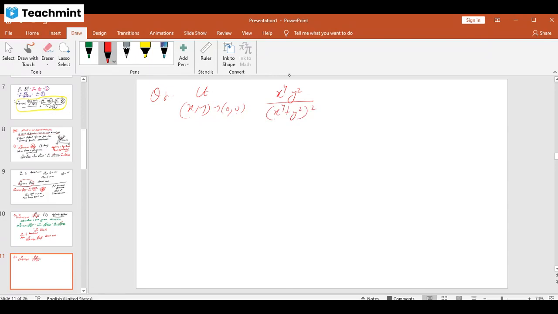What will happen in this case? Again, if I put x and y equal to 0, then the denominator is 0 and the numerator is also 0, so it is 0/0 form.